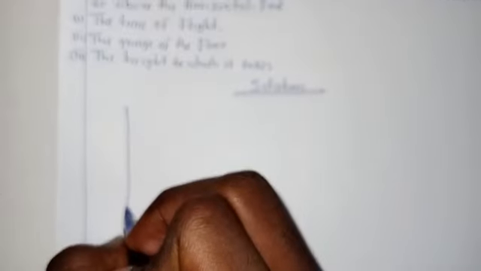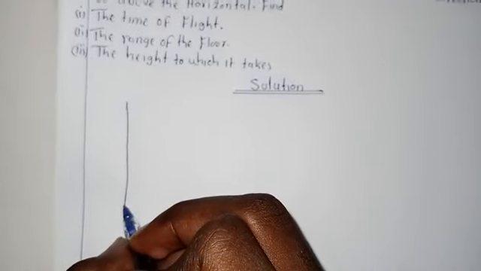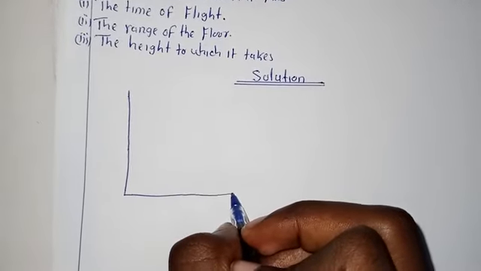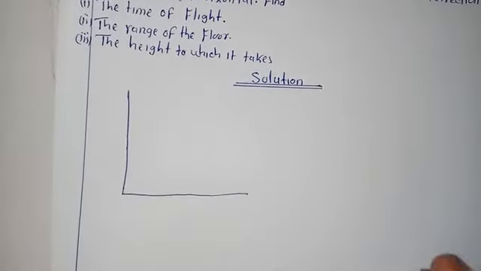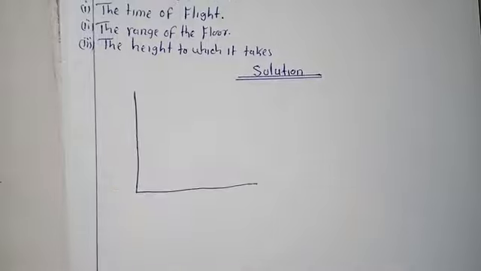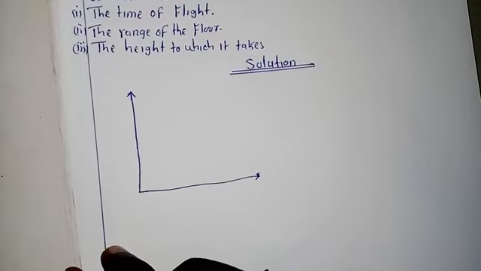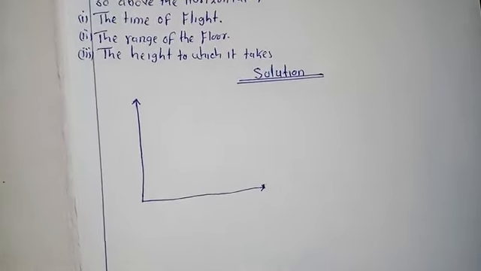This is the first thing that you do. You draw a diagram like this. Okay, so I've drawn a diagram. Then, this is motion in 2 dimensions. To those of you that follow me, I'm sure you know what I'm doing now.